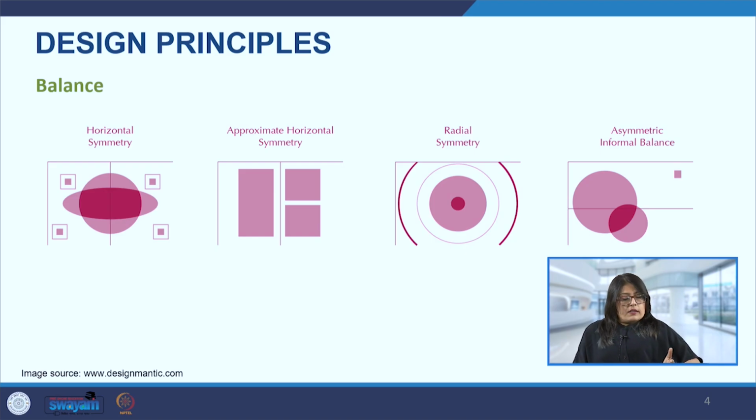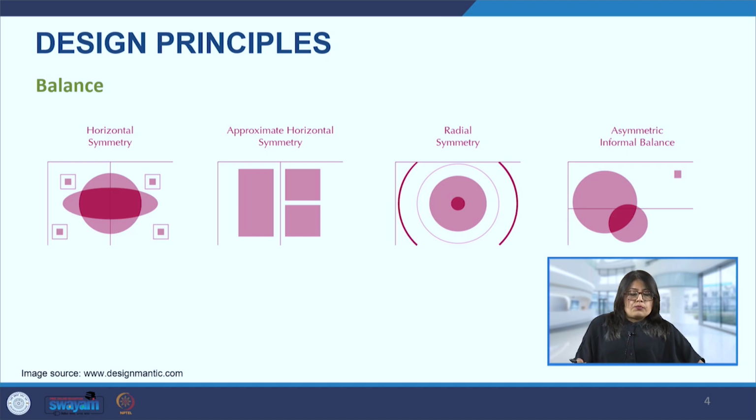In the approximate horizontal symmetry, on the left we have a long rectangle. On the right side, the rectangle has been broken into 2 smaller parts. Even though they are not exactly the same, it's not a symmetrical rectangle repeated on the other side, visually the weight of the left is still balanced with the right. So this is the approximate symmetry.